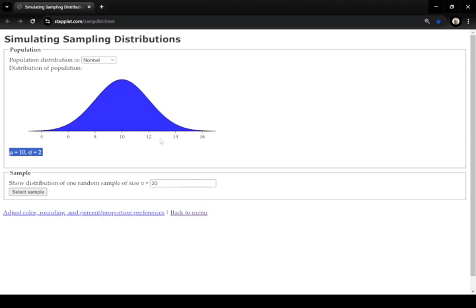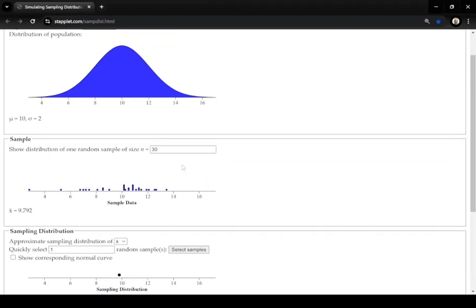We're going to take a random sample out of this population of size 30. If this is truly random, a lot of the values will be close to 10, 8 to 12 maybe. There won't be very many values in the 4 to 6 or 14 to 16. So let's hit the button. This is my random sample.